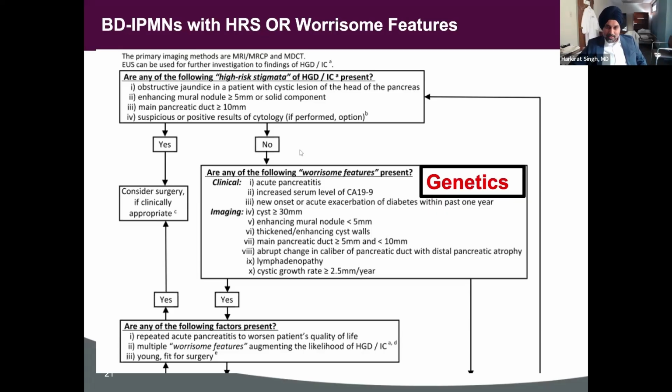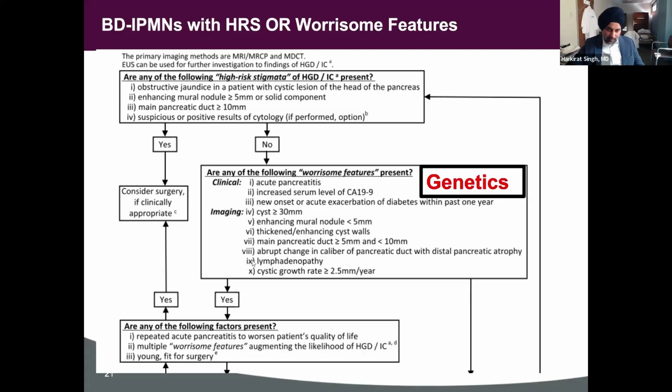If they don't have a high-risk stigmata, then we evaluate, do they have any worrisome features that we talked about? Pancreatitis, elevated tumor marker, diabetes, new onset or worsening, size above 30, a mural nodule which is less than 5, the wall which is irregular, thick or enhancing, the duct is dilated but not 10 yet, an abrupt caliber change, lymphadenopathy, or the rate of growth.